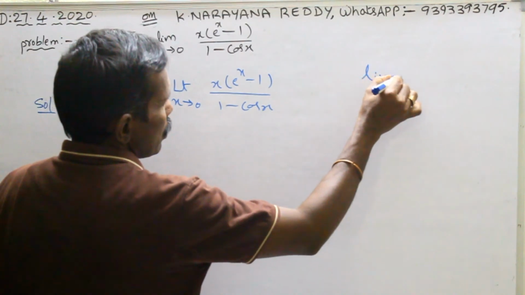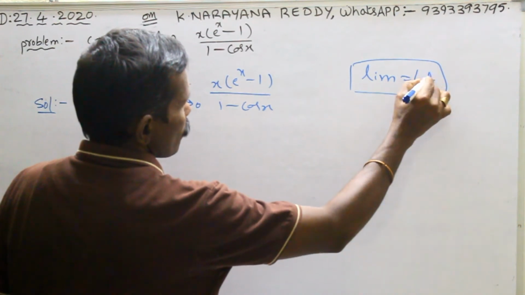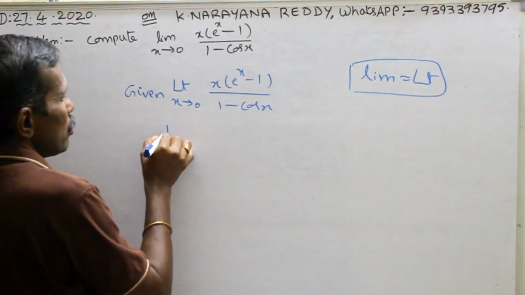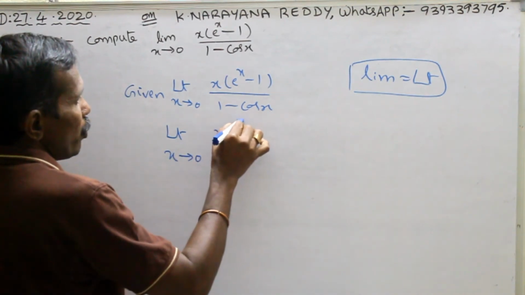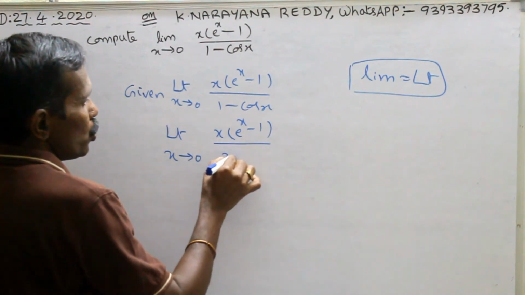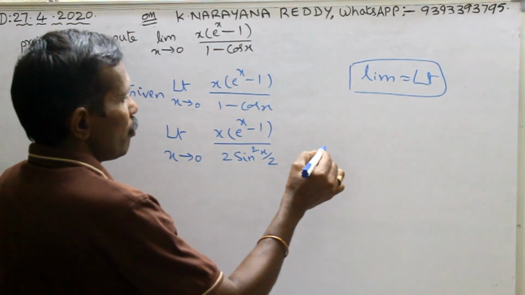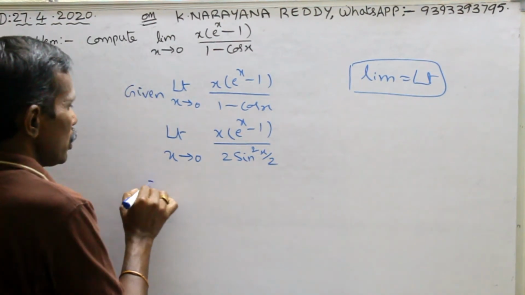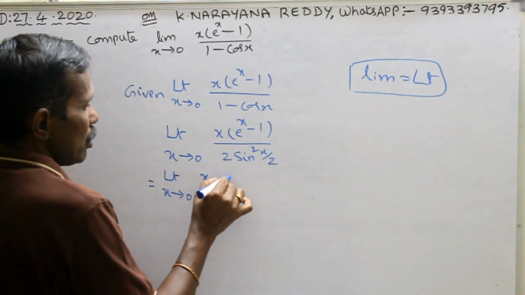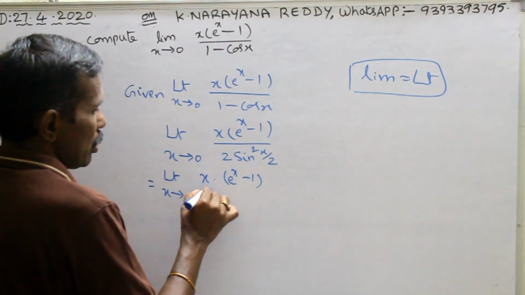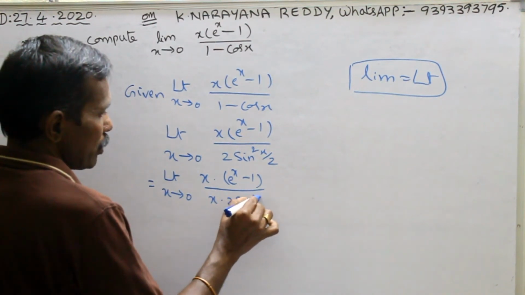You can write it in this way: limit x tends to 0, x into (e power x minus 1), 2 sin square x by 2. This is the formula. Now equals limit x tends to 0, x (e power x minus 1) divided by x, 2 sin square x by 2.